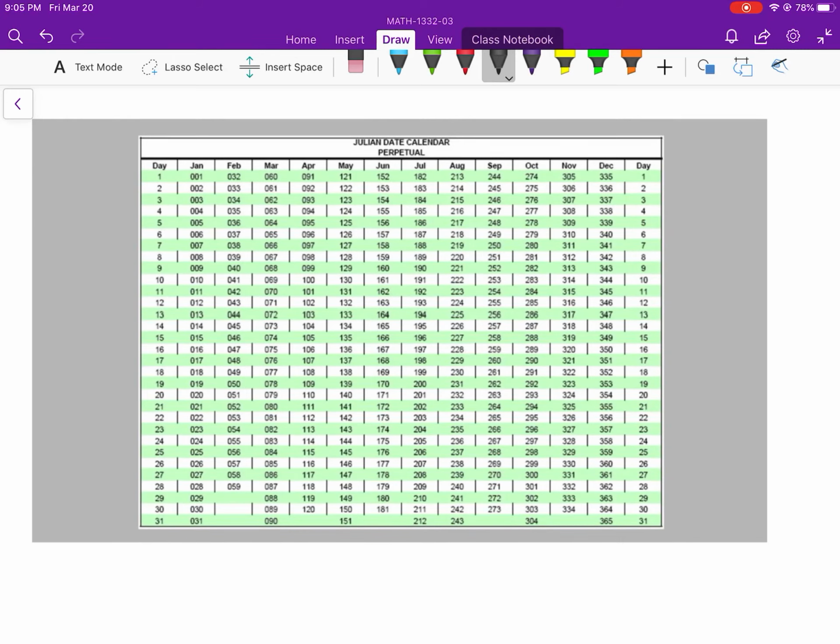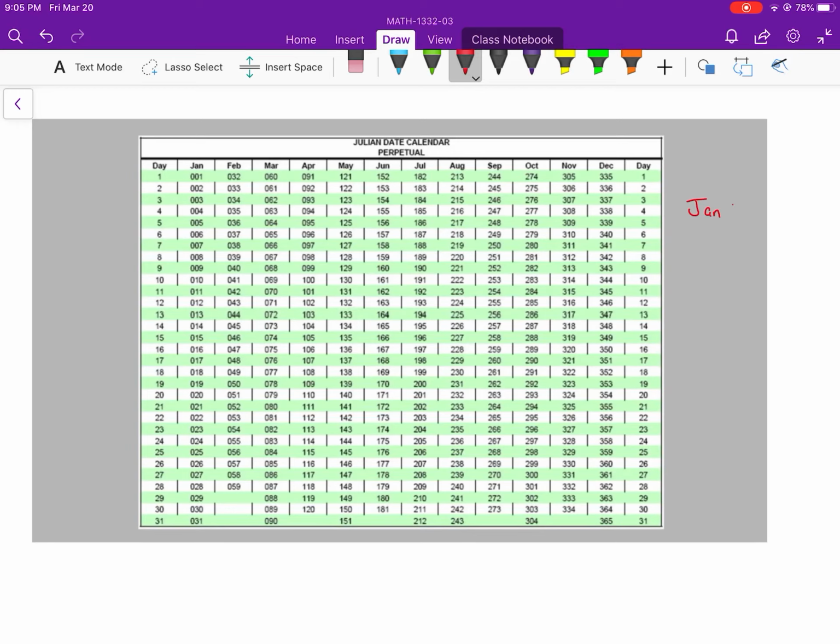For that second method, we are going to need to reference this Julian date calendar to find how many days have occurred between two given dates, like April 1st and August 12th. A Julian date calendar is the best way to do this because we can actually subtract them.